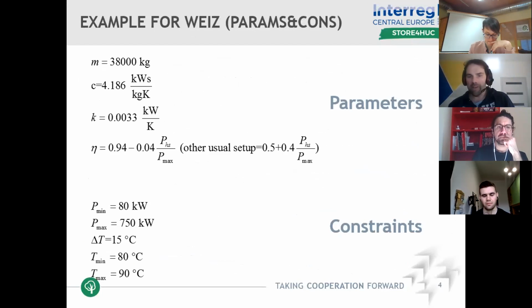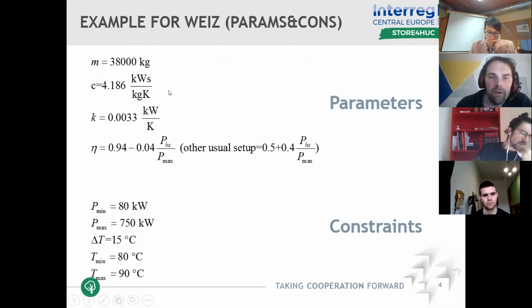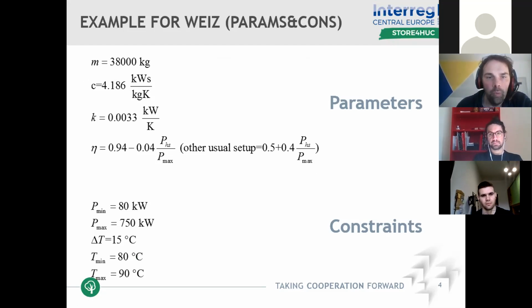Okay, so having said all this, now let's see how it would work on an example for Whites. The parameters and constraints the user would need to enter. Mass of the storage, mass of the water in the storage, 38 tons. Then this is a parameter that would just need to change if we wouldn't have the heating medium being water.